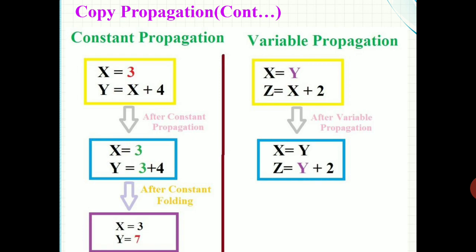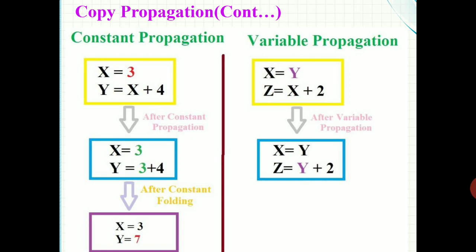The variable x is assigned the variable y, and that x is used again in the second statement, z equal to x plus 2. So the value of x, which is y, can be substituted at the usage of x. After variable propagation, it becomes x equal to y and z equal to y plus 2.